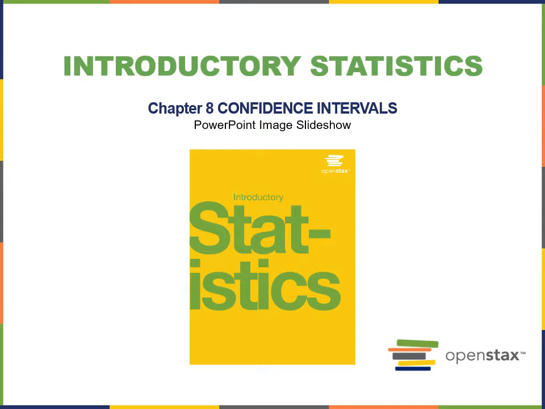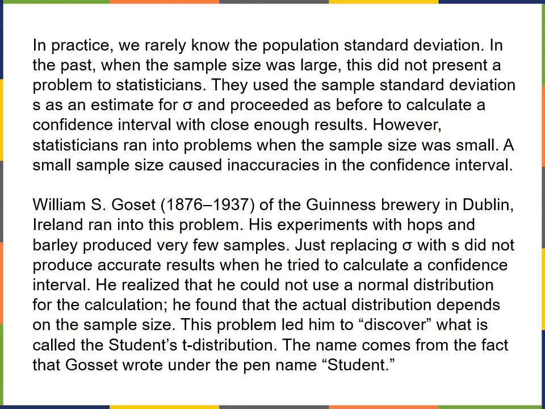We used a normal distribution with z-scores for proportion. We're going to have to change that up to something called a t-distribution. So in practice, we really wouldn't know the population standard deviation if we're trying to estimate the mean of the population.